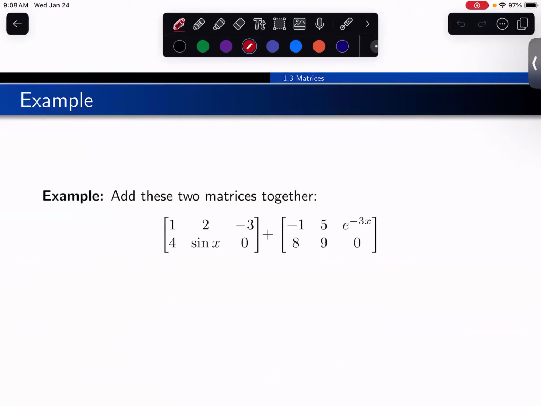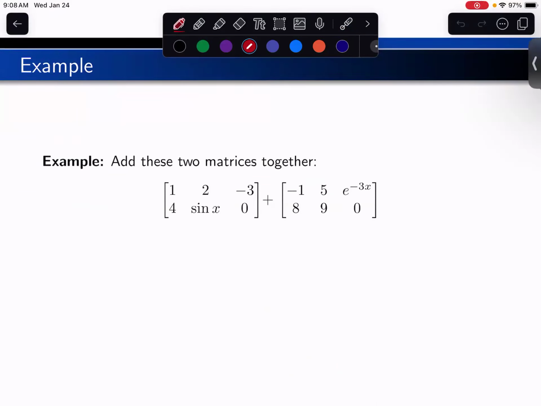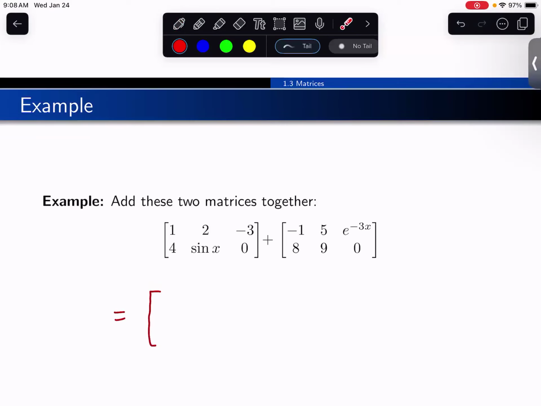So for this next slide, it wants us to add two matrices together. And again, you just do this entry by entry. And again, you can only add matrices together if they have the same dimensions, just by the definition. So if we wanted to add these two matrices together, it'll be entry 1, 1 of the first matrix plus entry 1, 1 of the second matrix.